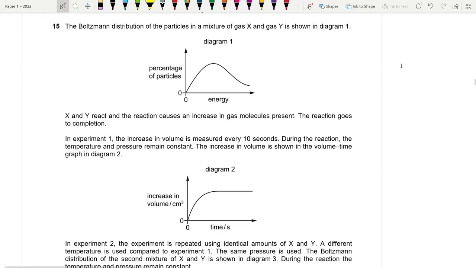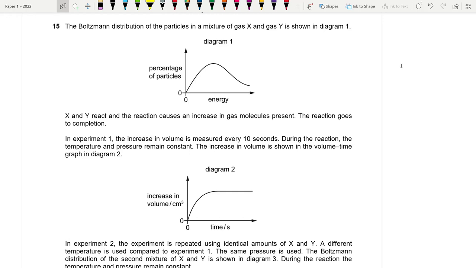15. The Boltzmann distribution of the particles in a mixture of gas X and gas Y is shown in diagram 1. X and Y react, and the reaction causes an increase in gas molecules present. The reaction goes to completion. In experiment 1, the increase in volume is measured every 10 seconds. During the reaction, the temperature and pressure remain constant.